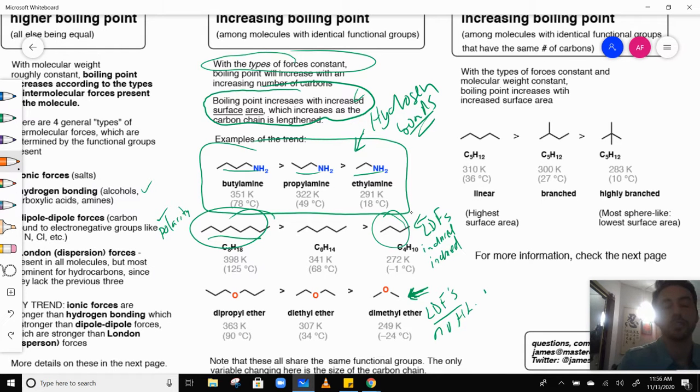I forgot to mention what these chains mean, my bad. Let me erase some of this so I can make some room here.